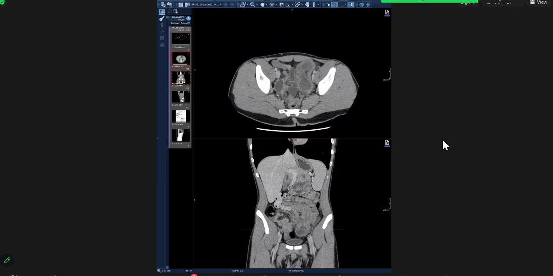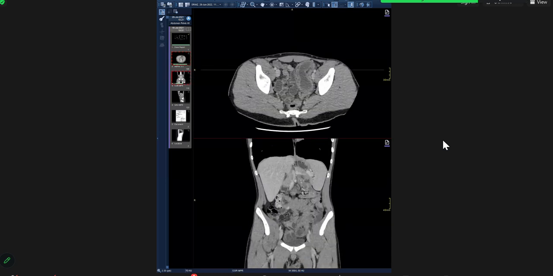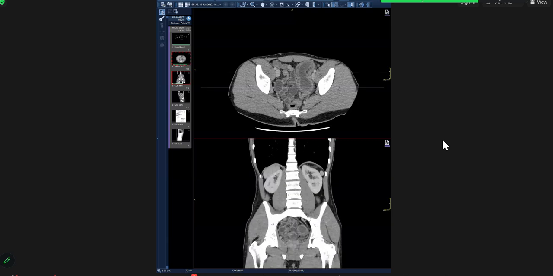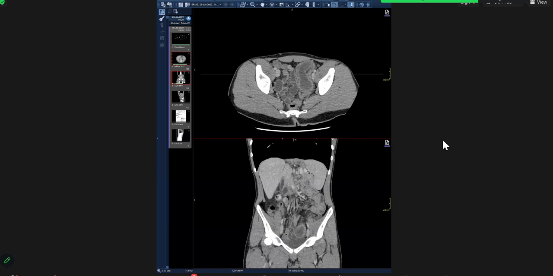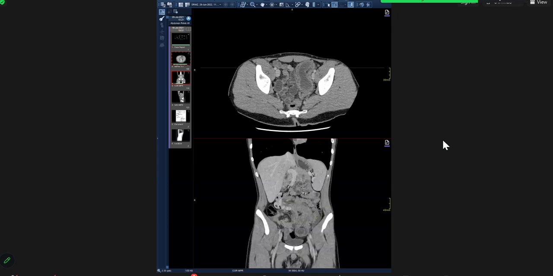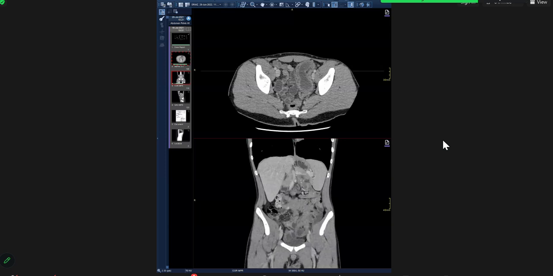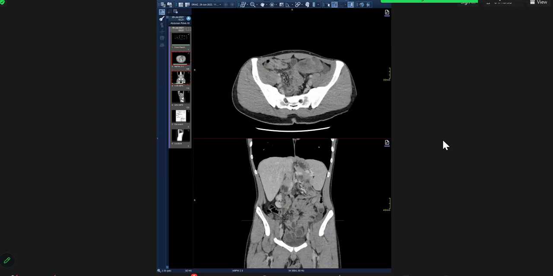However, it is causing intussusception of the bowel loops. These are the ileal bowel loops, and there is no gross ascites. So these intussuscepting bowel loops have normal wall enhancement.